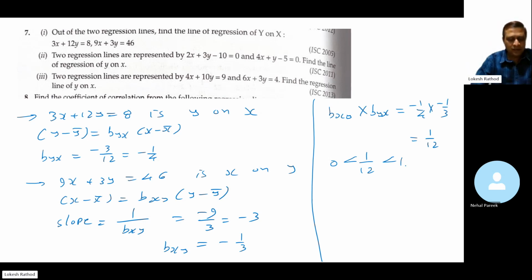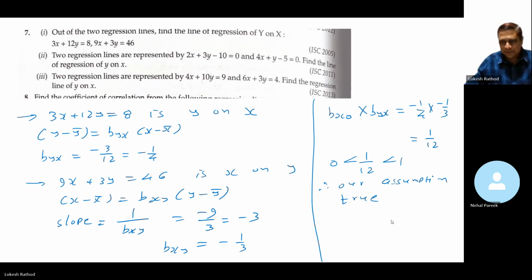It means our assumption that 3x plus 12y equal to 8 is the line y on x is true. Hence, 3x plus 12y equal to 8 is the answer.